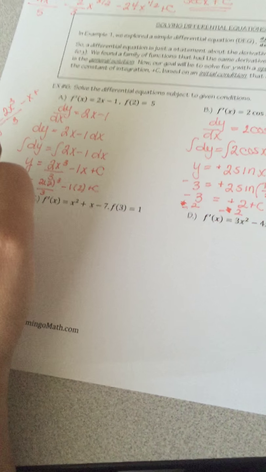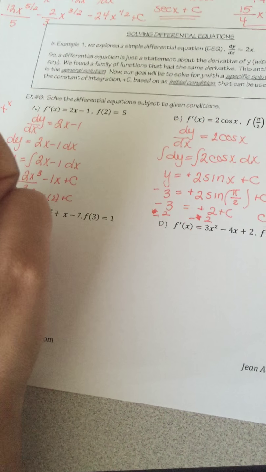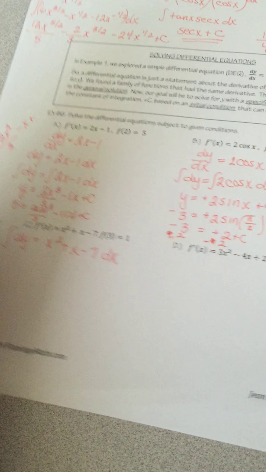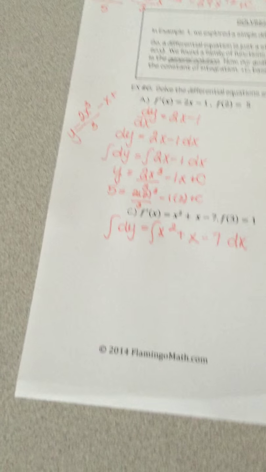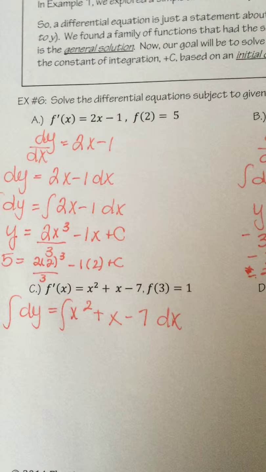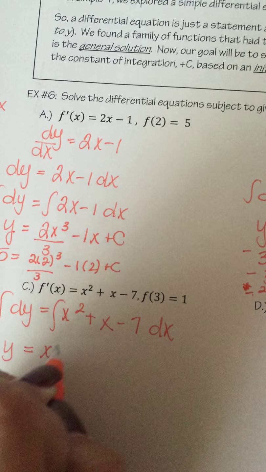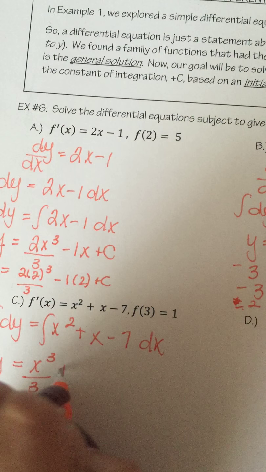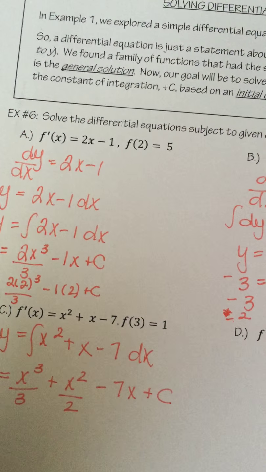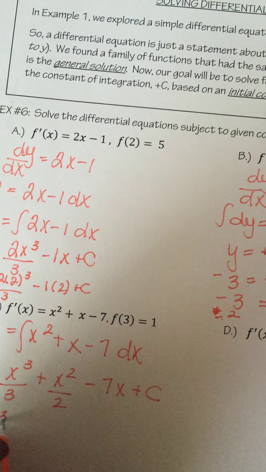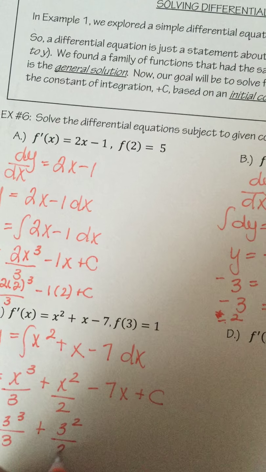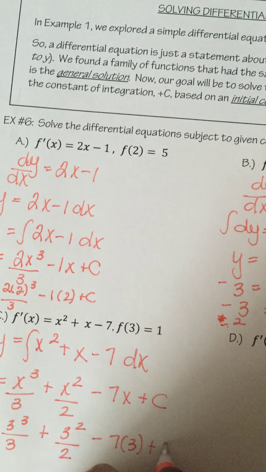I'm simply going to rewrite it at this point already. So dy equals x squared plus x minus 7 dx. We're going to integrate both sides. That'll give us y is equal to x cubed over 3 plus x squared over 2 minus 7x plus c. 1 equals 3 cubed over 3 plus 3 squared over 2 minus 7 times 3 plus c.